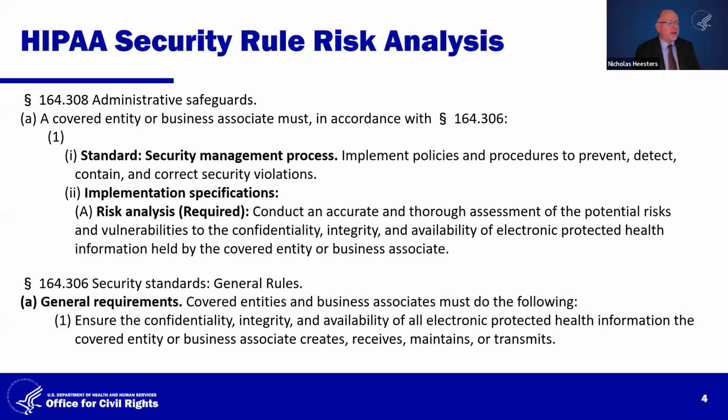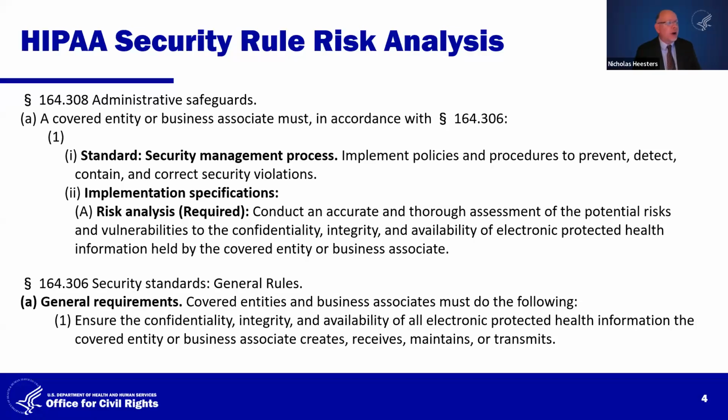This requirement says that entities must conduct an accurate and thorough assessment of the potential risks and vulnerabilities to the confidentiality, integrity, and availability of electronic protected health information held by the covered entity or business associate.